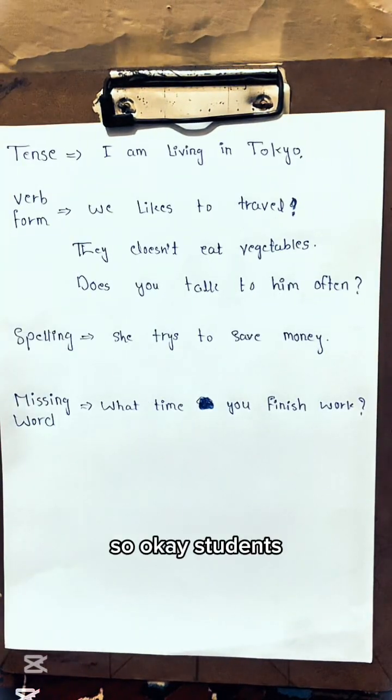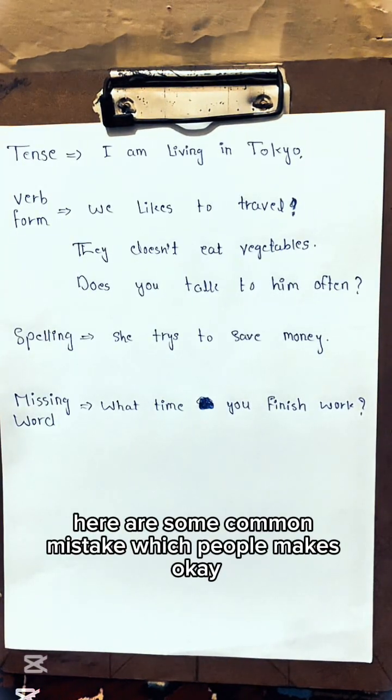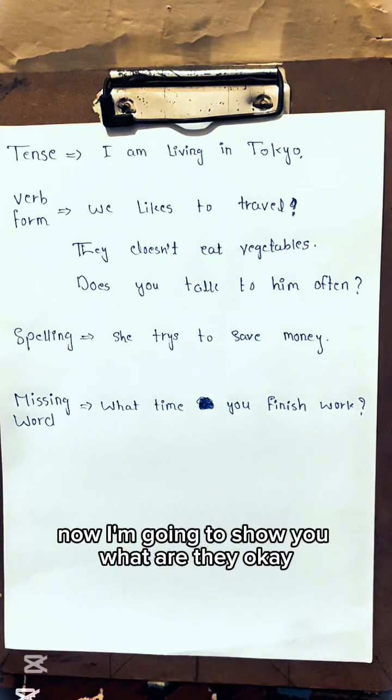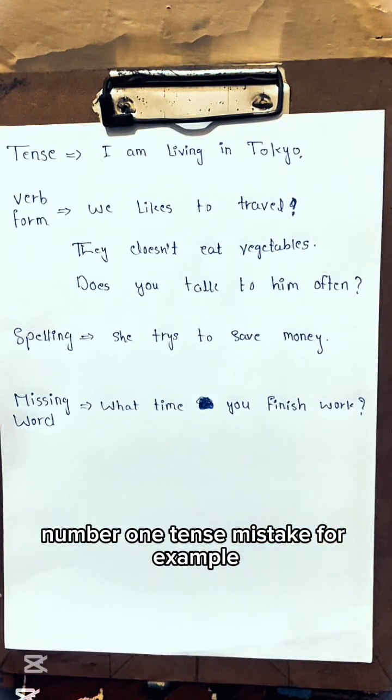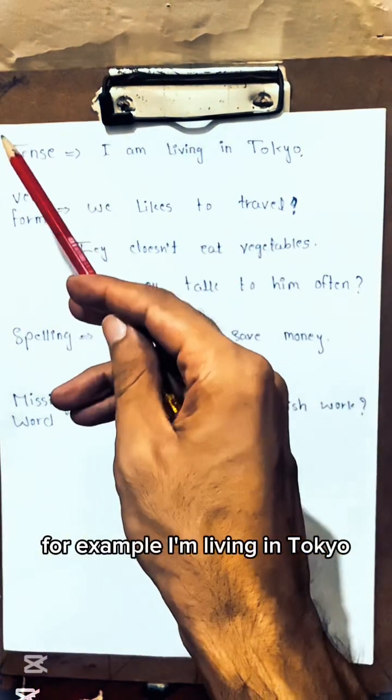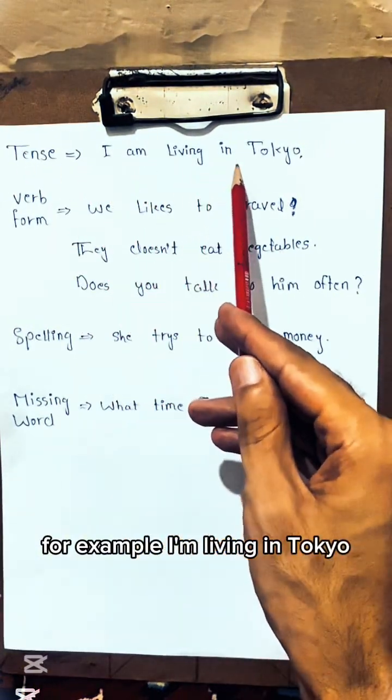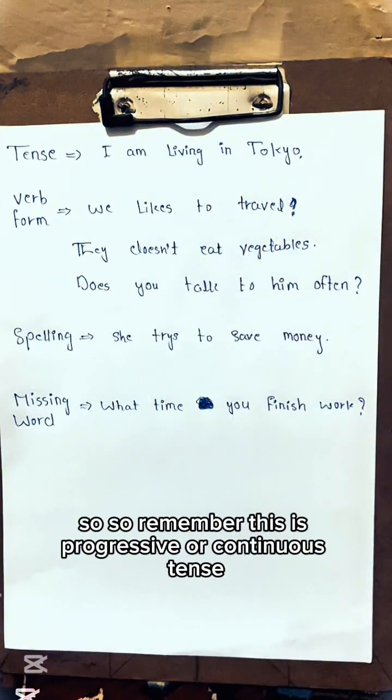So okay students, here are some common mistakes which people make. Now I'm going to show you what they are. Number one, tense mistake. For example, I'm living in Tokyo. Remember, this is progressive or continuous tense.